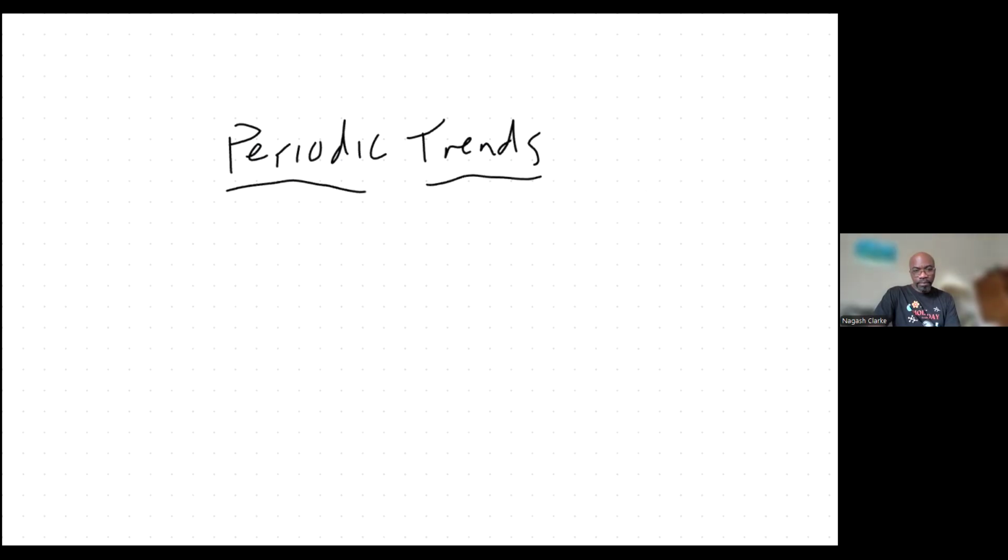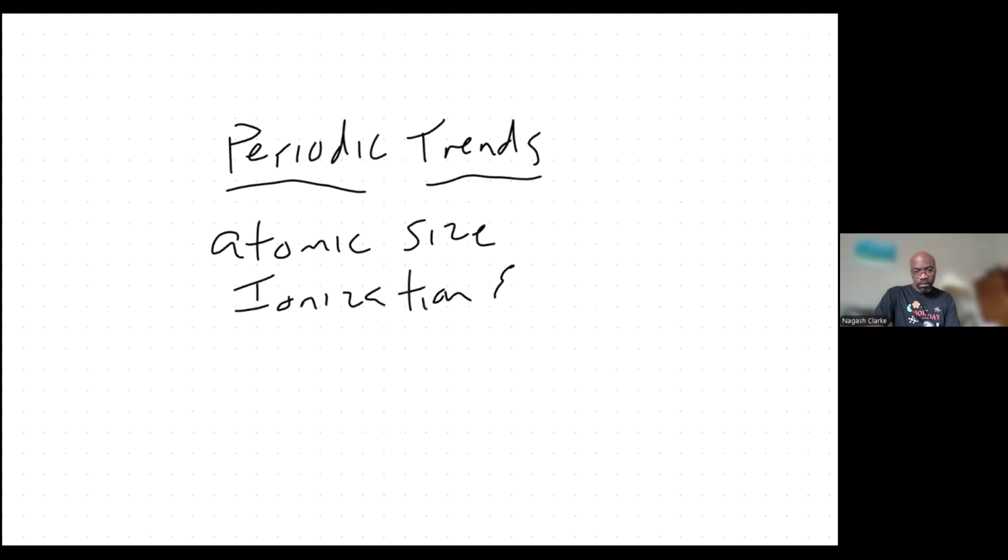So some periodic trends we're going to be looking at would be atomic size, ionization energy, electron affinity, metallic character.